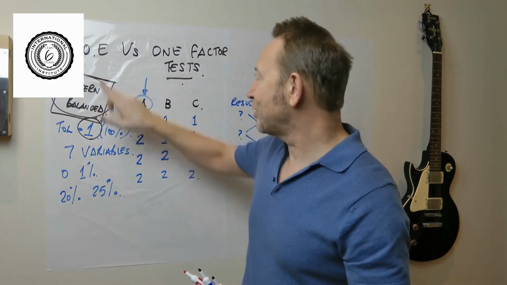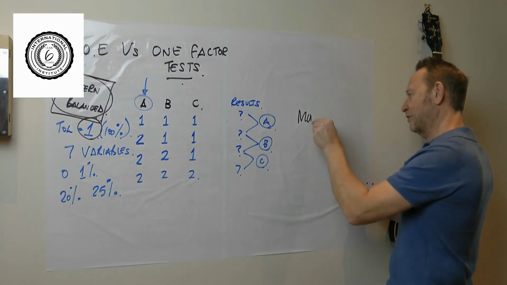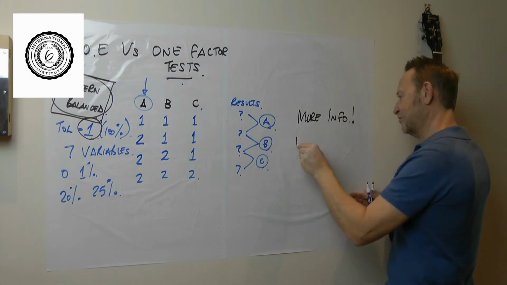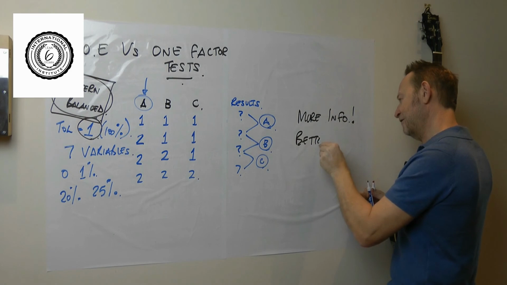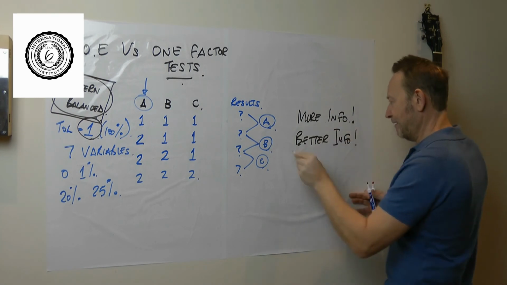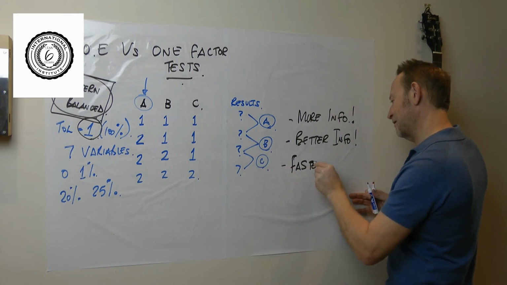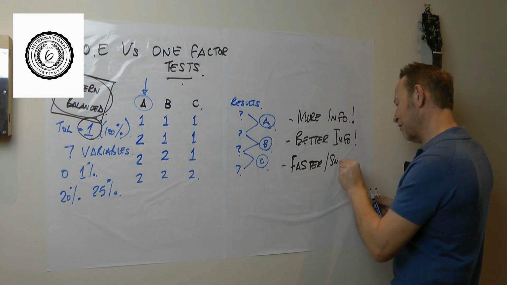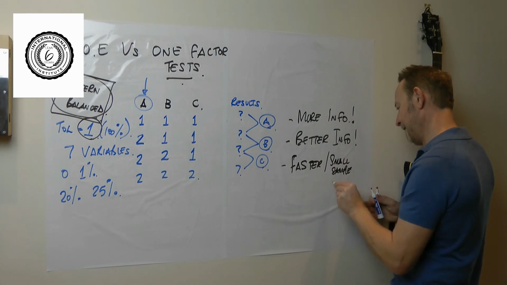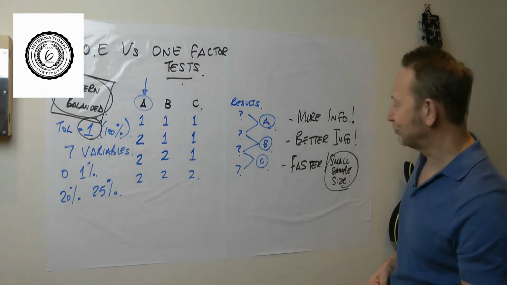What the DOE is going to do, typically, it's going to give you more information. It's going to give you better information. And typically, it will do it faster, often with a smaller sample size.